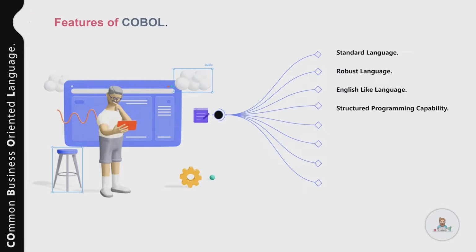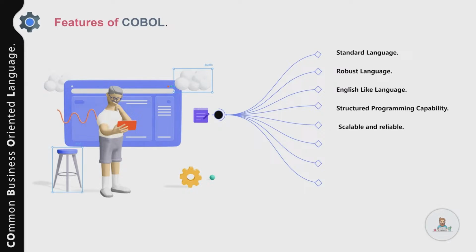Now the next one is structured programming capability. The term structured programming refers to a collection of techniques that help a programmer to develop structured programs. And as you know, a COBOL program is divided into different divisions and each division has its own significance. So for example, if you want to include your business logic, you generally use the procedure division, and in the procedure division, the business logic can be divided into paragraphs or sections.